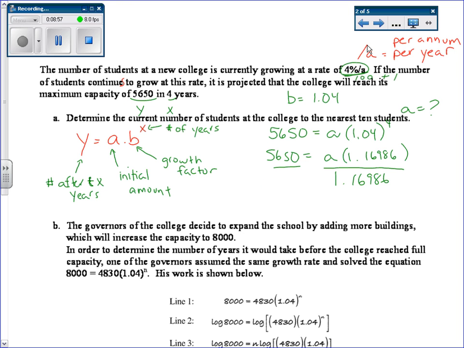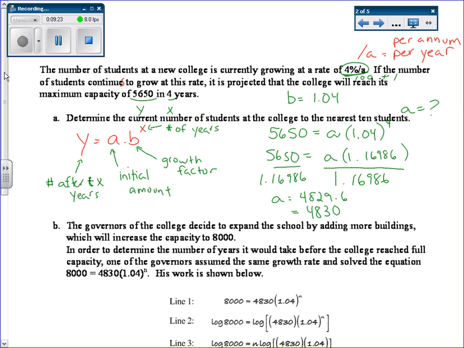That works as well. Okay, so here we get a is equal to 4829.6, but we can't have 0.6 of a student, so we're going to round that up to 4830. That's what makes the most sense.